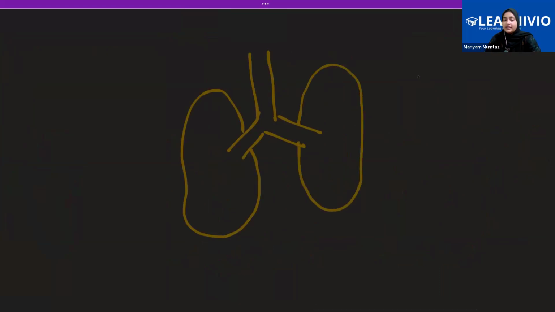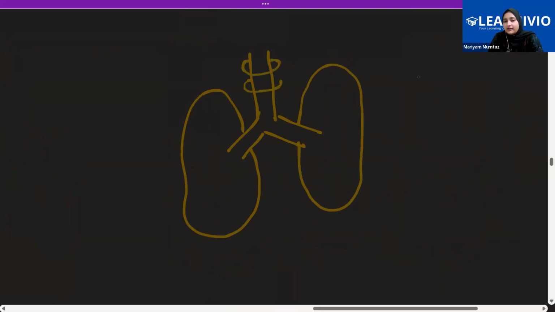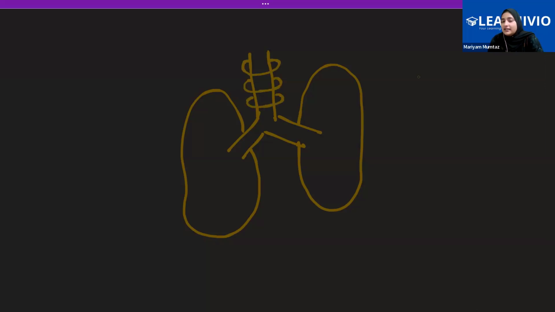Now this trachea is surrounded by C-shaped cartilage rings like this. Throughout, incomplete cartilage rings are present. Now, why are they present? When we breathe in, the air comes inside our body, and when we breathe out, the air goes outside our body.